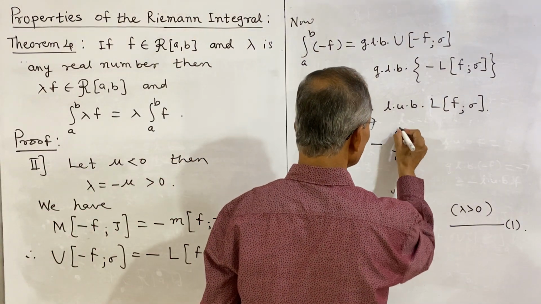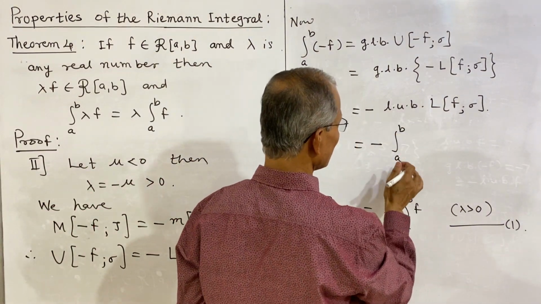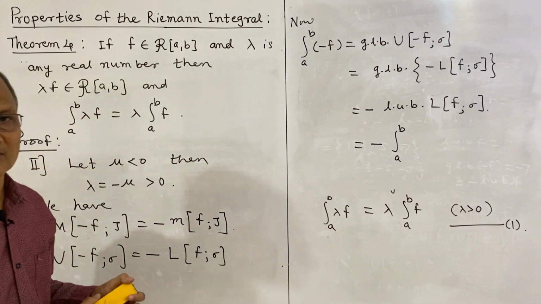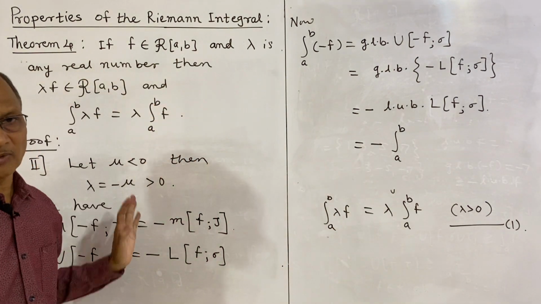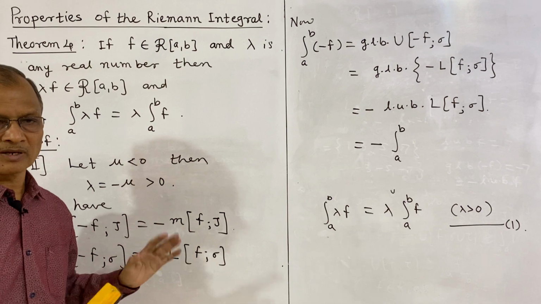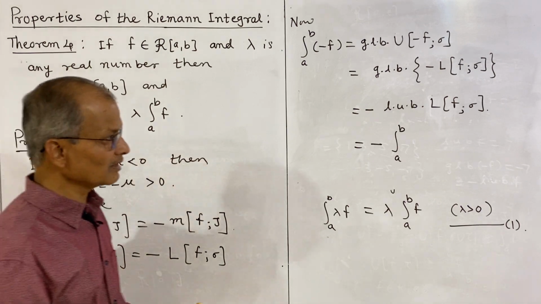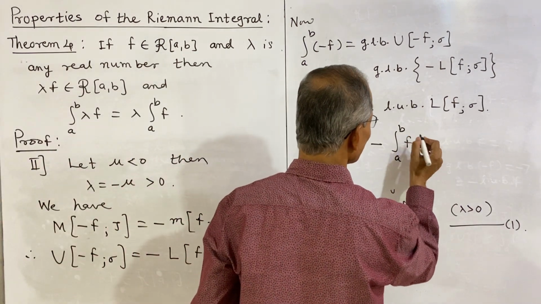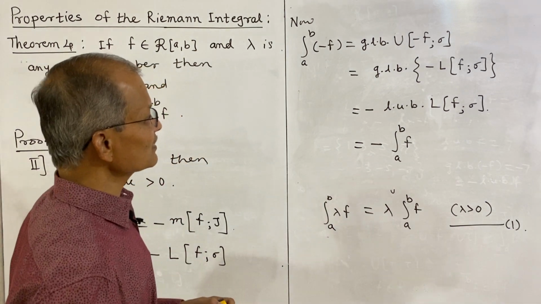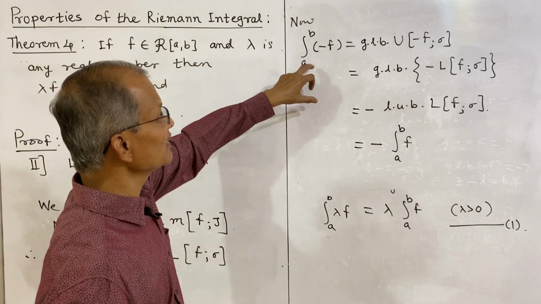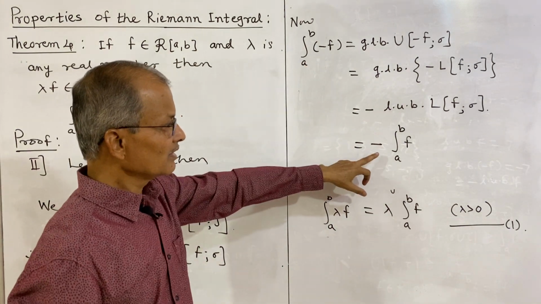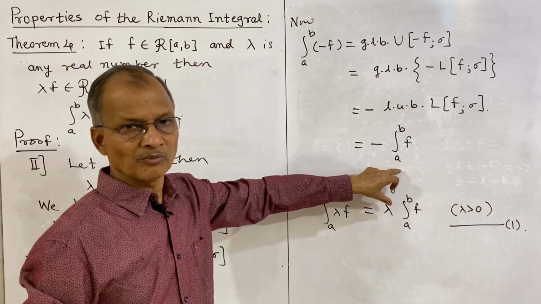Actually this is the lower integral, but the lower integral is the same as the upper integral because the function is Riemann integrable. All are equal, upper integral, lower integral, and that is the integral only. So this is the integral from a to b of f, and thus we have the integral from a to b of negative f equal to negative the integral from a to b of f.